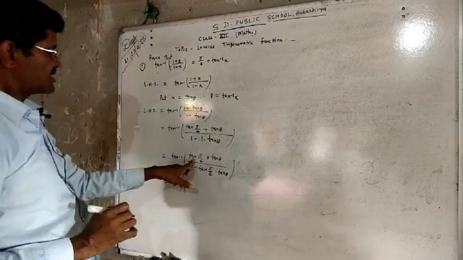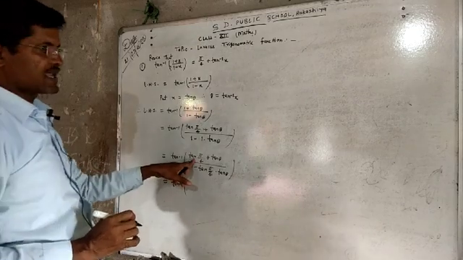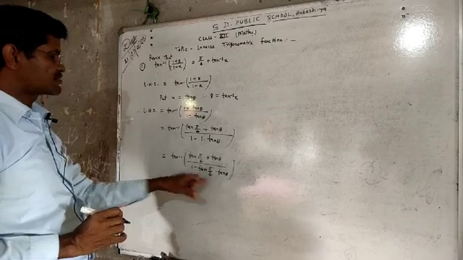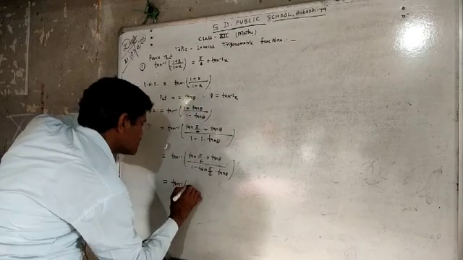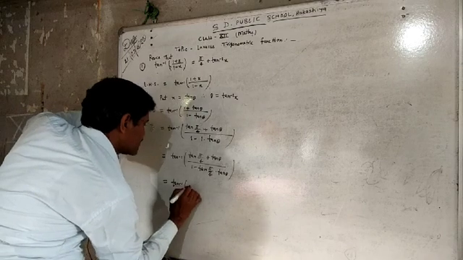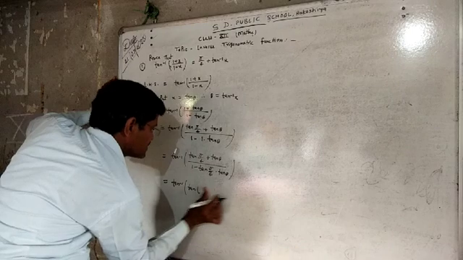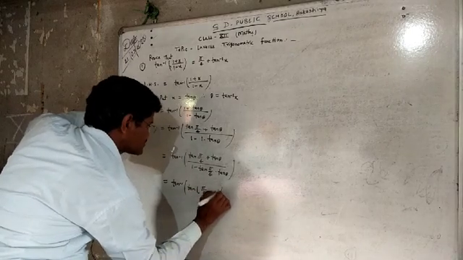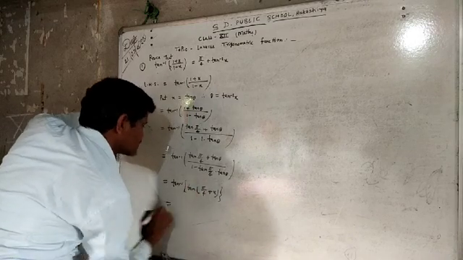It is the pattern of tan (A plus B). We know that tan (A plus B) equals tan A plus tan B upon 1 minus tan A into tan B. Hence, it can be written using the formula of tan (A plus B), with A as pi by 4 and B as theta.